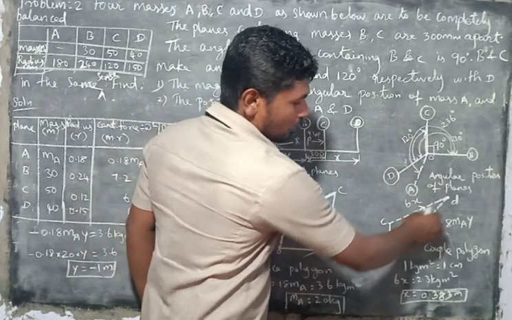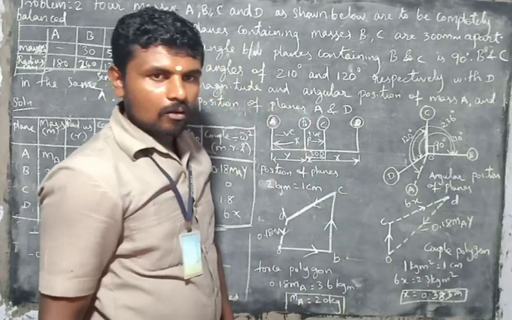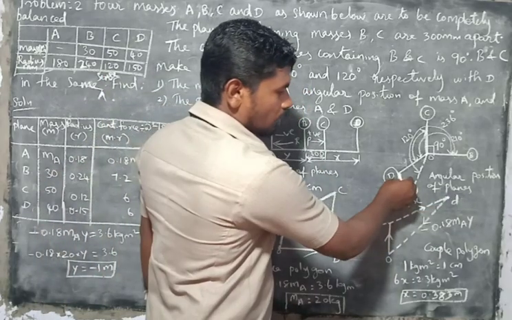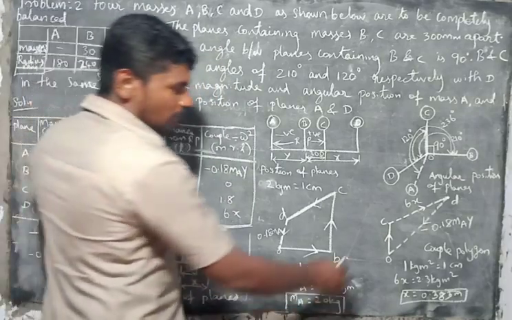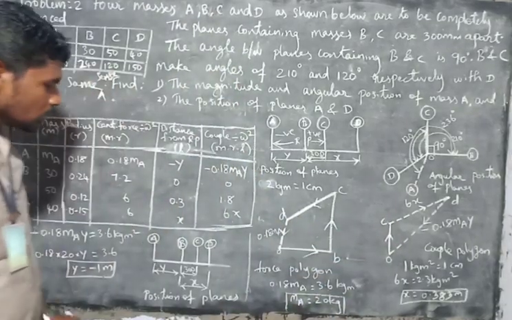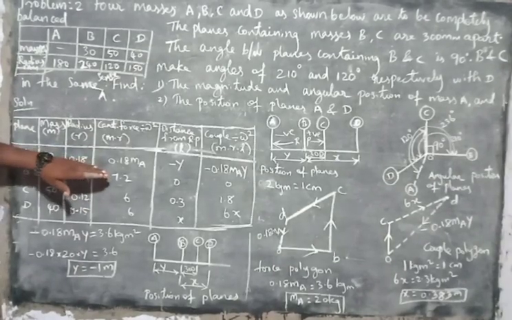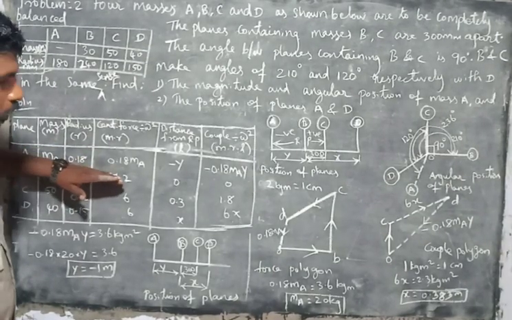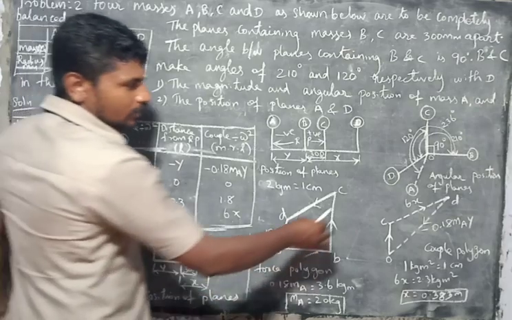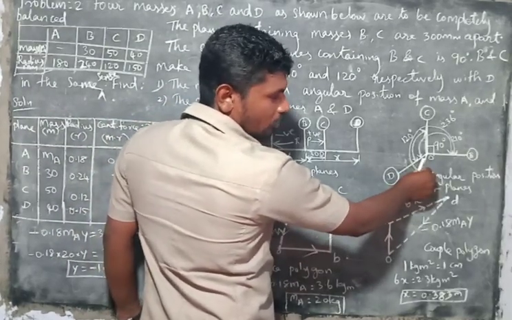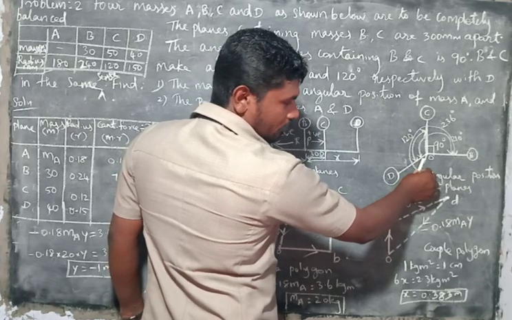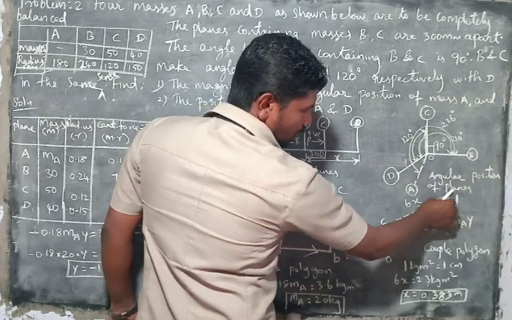After that, we need to draw a parallel dotted line to the A plane from the origin.